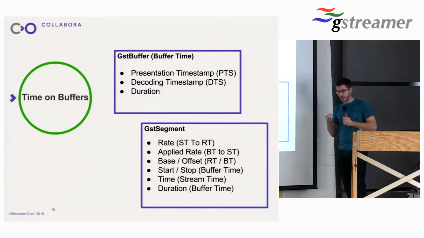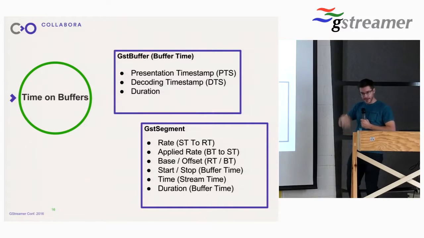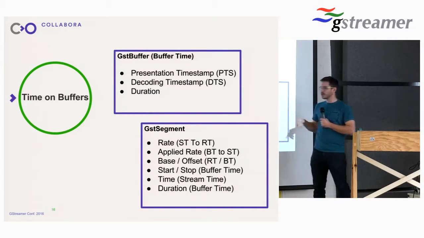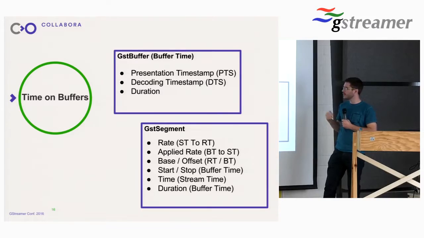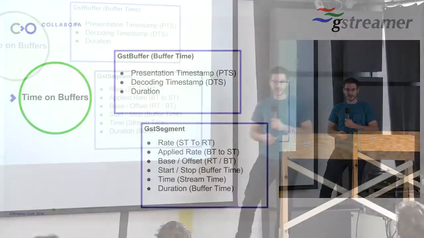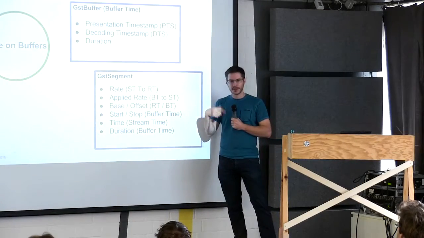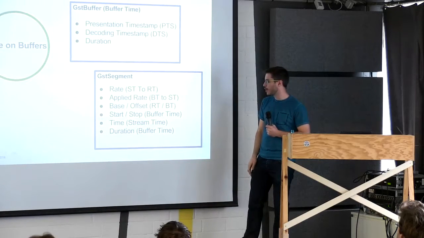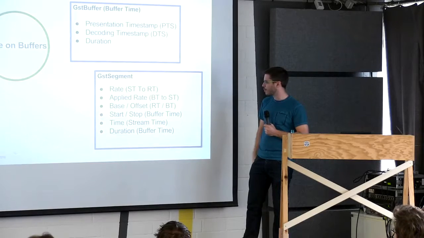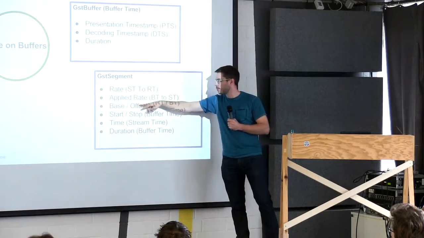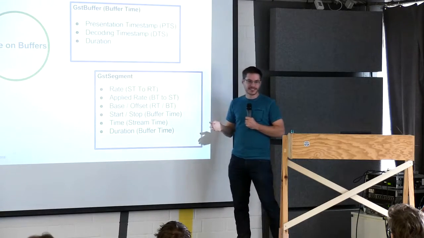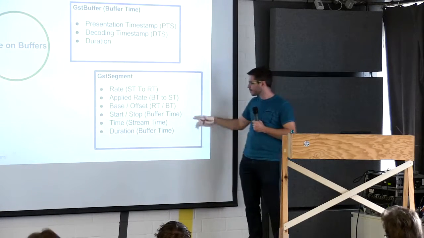So there's a lot of complexity that has been added to avoid going below 0 because it creates a big number. And the offset gives us the ability to have a stream time or a running time that goes backward. So you can actually offset backward the running time or the stream time, I don't remember. But anyway, that's about what it does. That's why they go together, but they're not on the same scale for mathematical reasons.